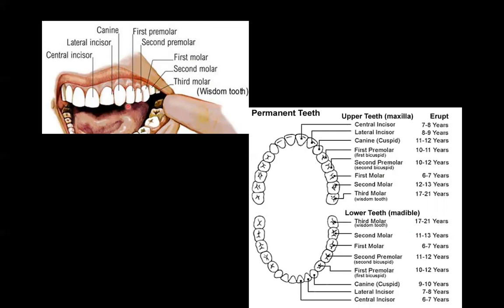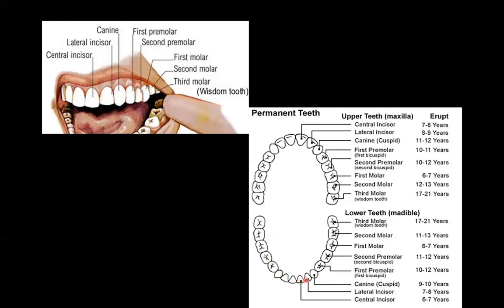Then there's 2 pairs of premolars or bicuspids. They have 2 cusps, and then up to 3 sets of molars or tricuspids. And these tricuspids really have up to 4 or 5 cusps. So that's what's shown down here too.